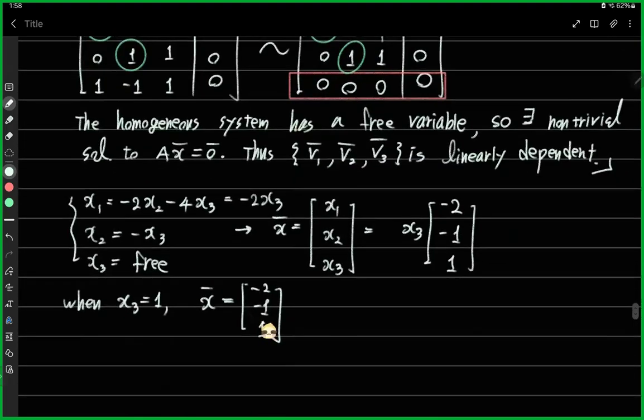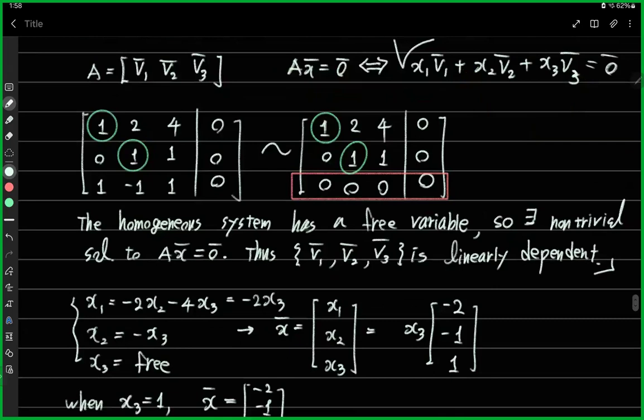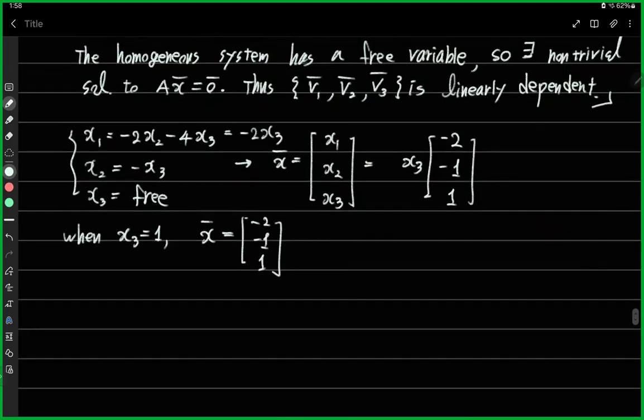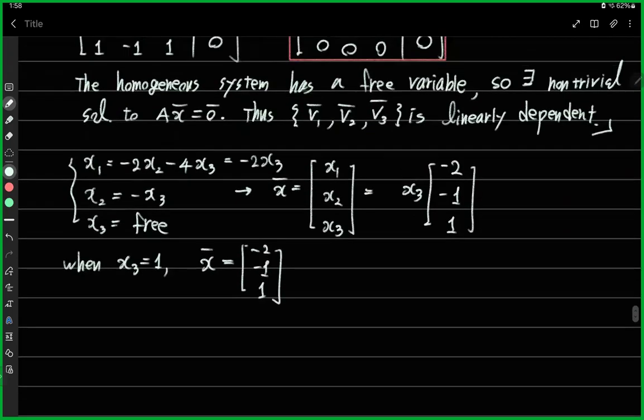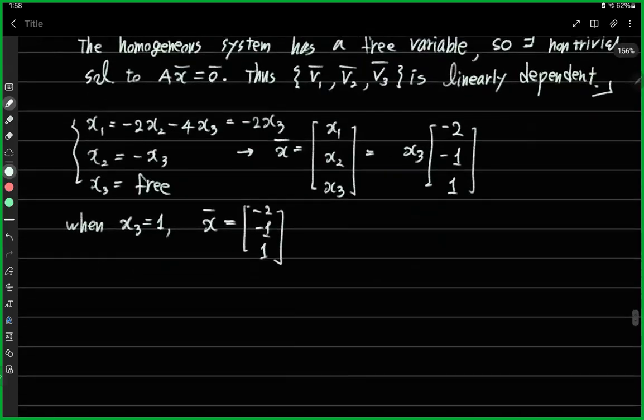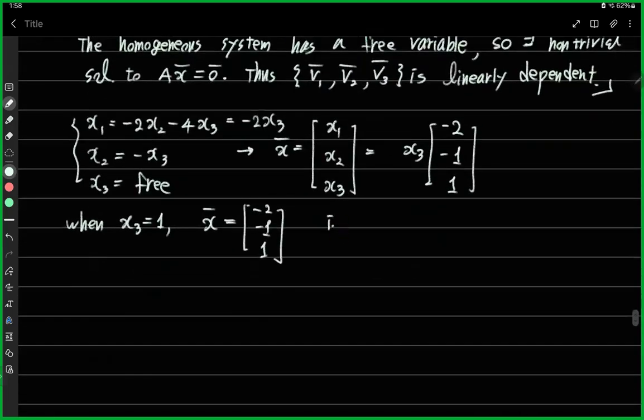That can be used as evidence that this is linearly dependent. Simply saying, -2 times v1 minus v2 plus v3 is equal to 0.